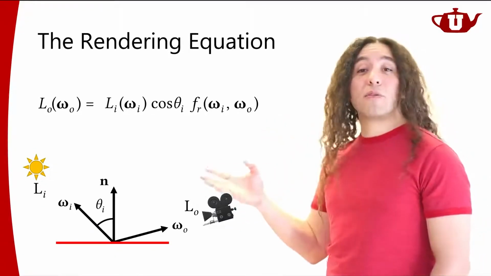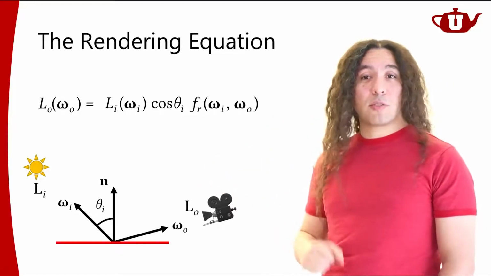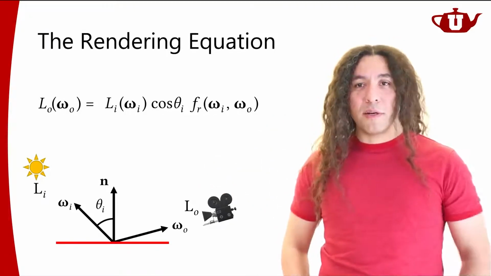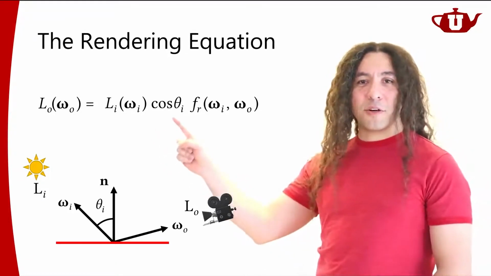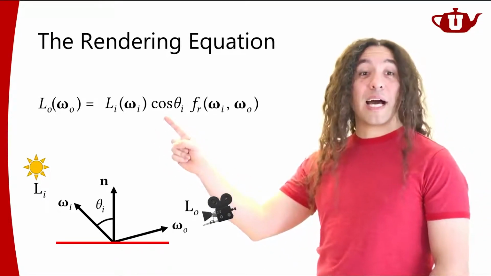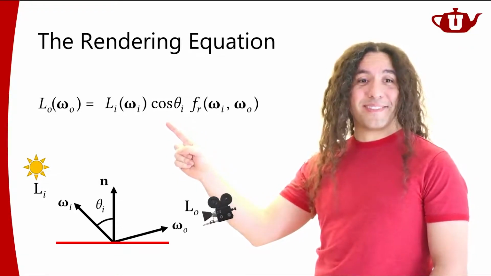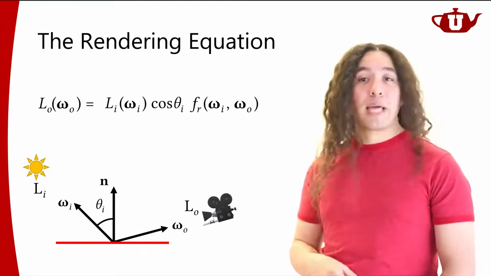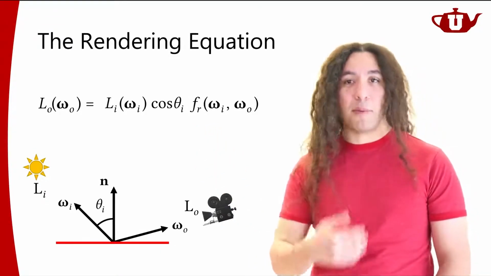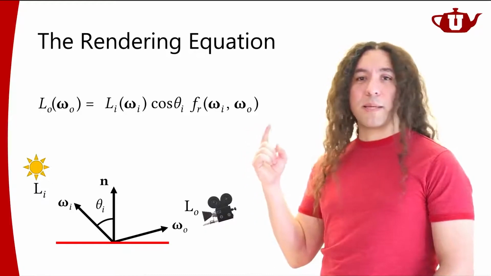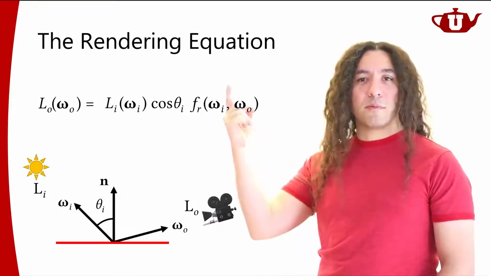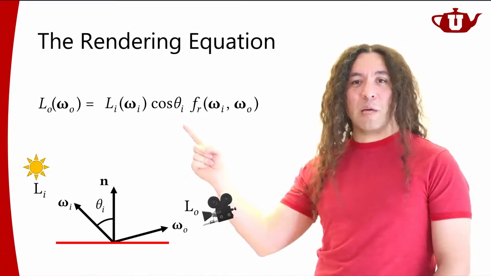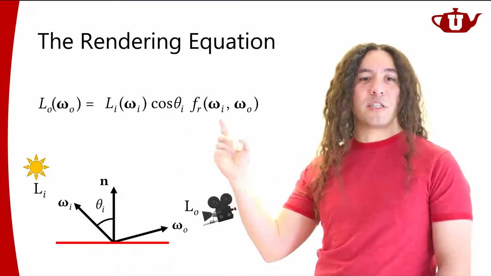This is exactly what we have been doing when we talked about the Phong material model and then the Blinn material model. Remember, I talked about this cosine theta term being outside of the material definition. This is what I was trying to talk about. Back when Phong came up with his material model and then Blinn came up with his, this concept of the rendering equation was not there yet. So this cosine term was sort of implicitly included in the material definition back then.